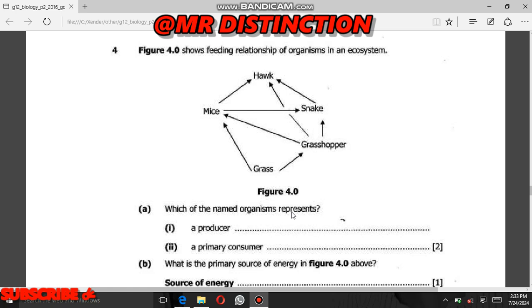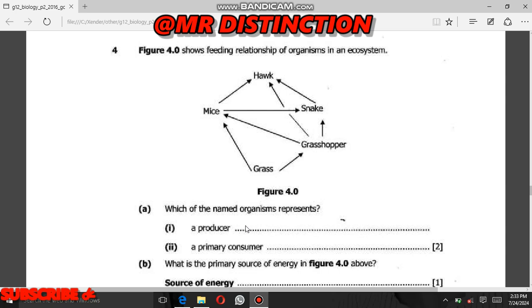Okay, let's go to the first question. Question 4a. Which of the named organisms represents A1, a producer, A2, a primary consumer? When we talk of producers, the key concept here is that green plants are the organisms which are referred to as the producers. What is the reason behind this?